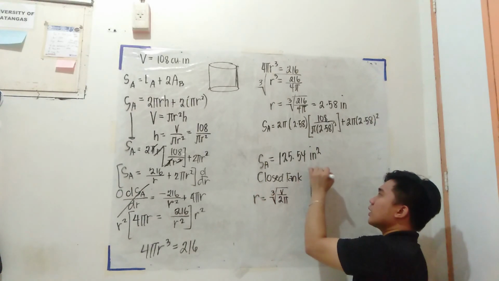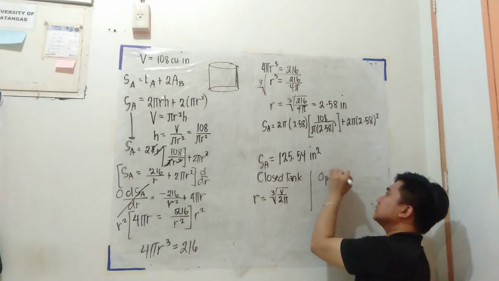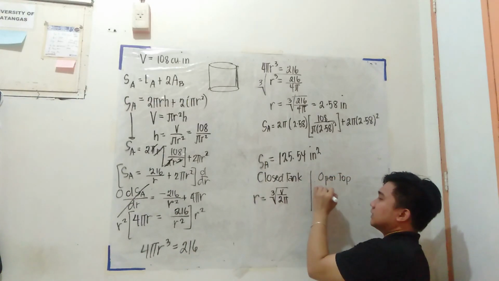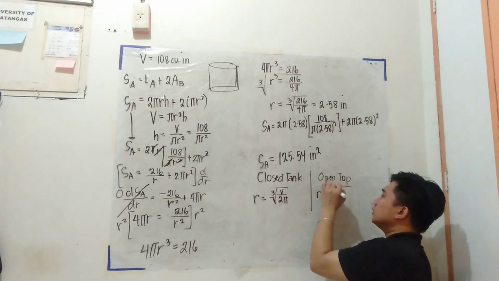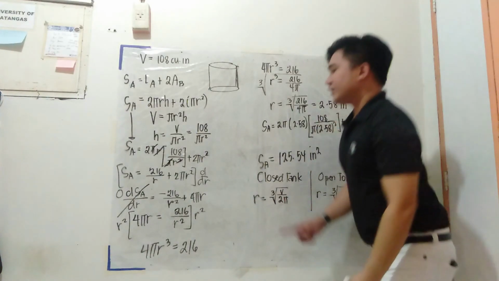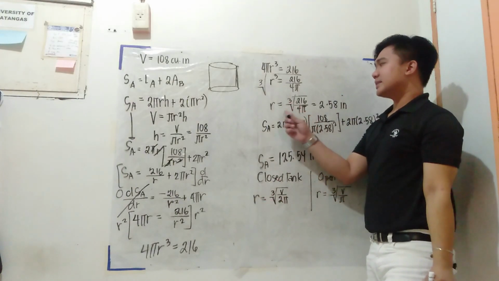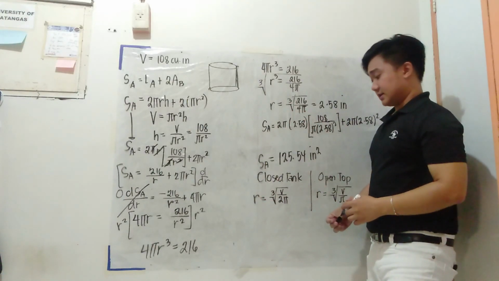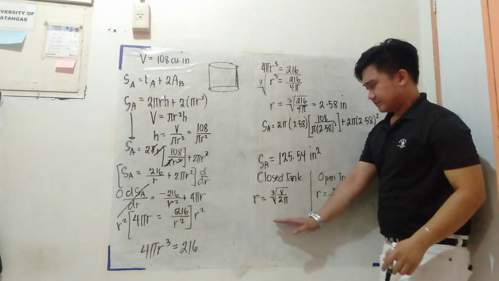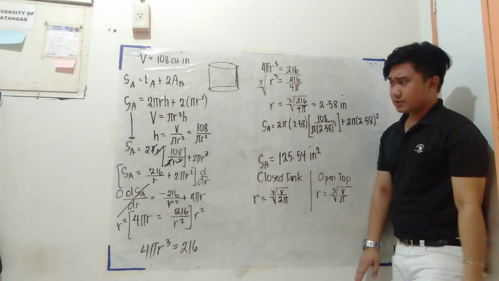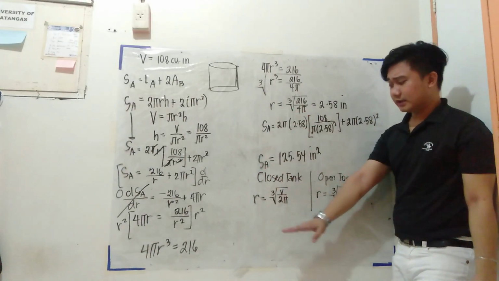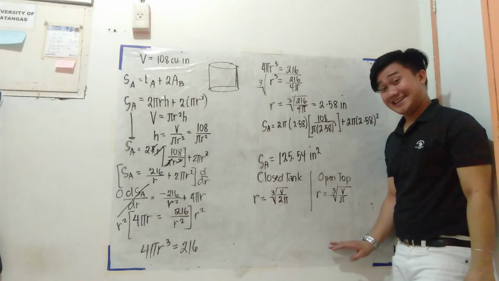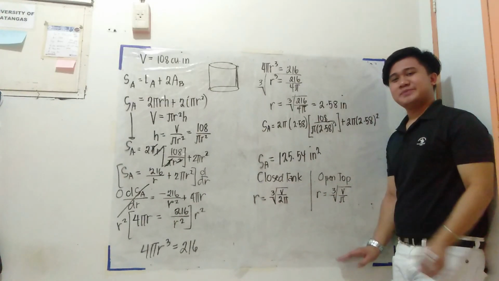Kapag naman sinabing open yung top, R is just equal to cube root of V over pi. Derive na po yan. Actually, galing lang din naman yan dito. Okay? So, kung natatamad kayong mag-solve ng ganyang kahaba, ito lang yung gamitin niya. Okay? So, please copy.